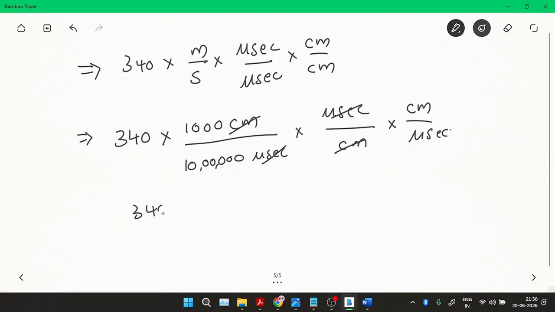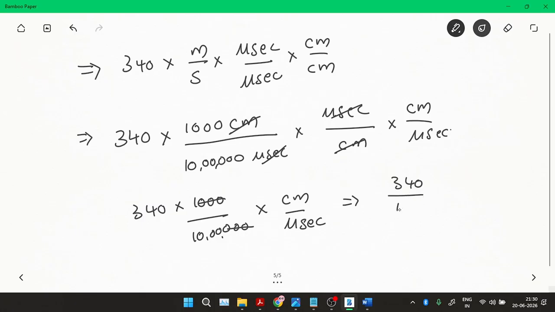So what I have is 340 into 1000 divided by 10 lakh into centimeter by microsecond. So I got the units, but still I have something here. So this 1000 will be divided by these three zeros. Okay, so this will give me a total of 340 divided by 1000.